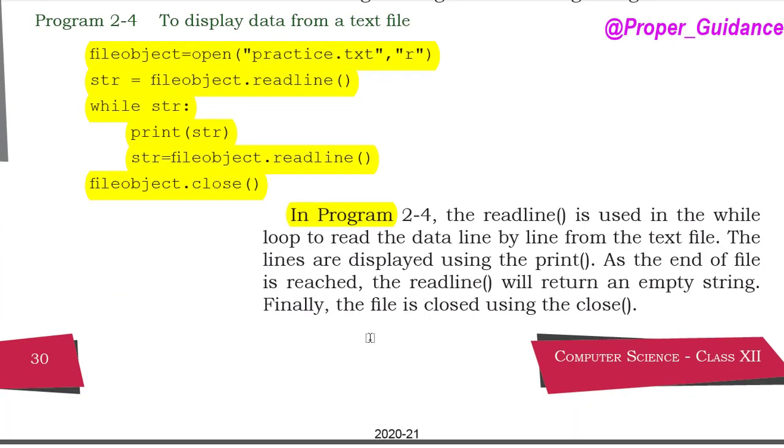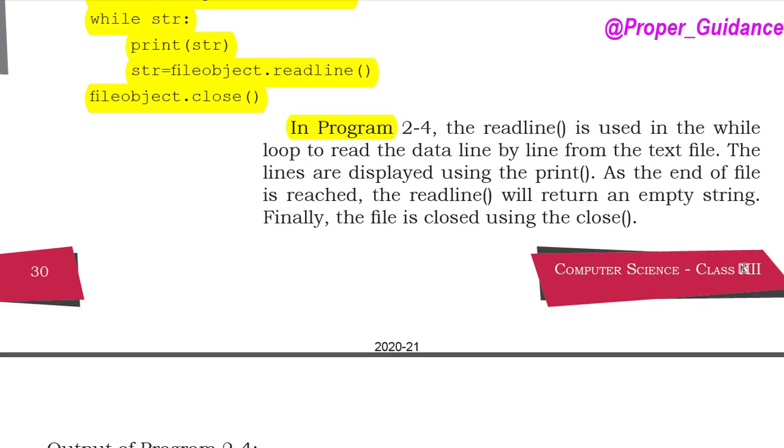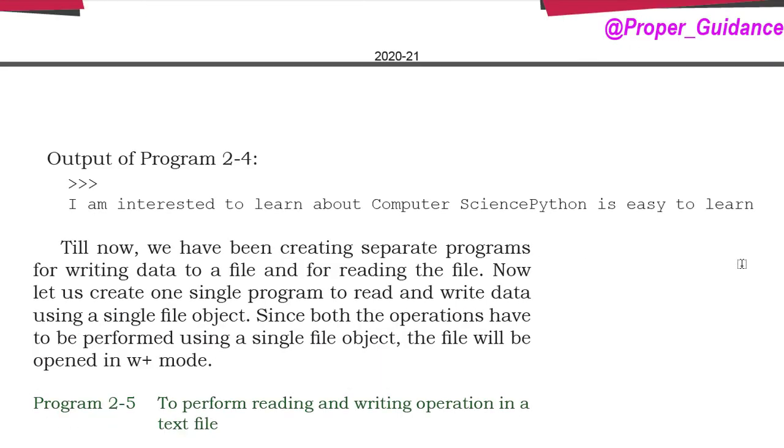Readline is used in the while loop to read the data line by line from the text file. The lines are displayed using print. As the end of the file is reached, readline will return an empty string. Finally, the file is closed using the close method.